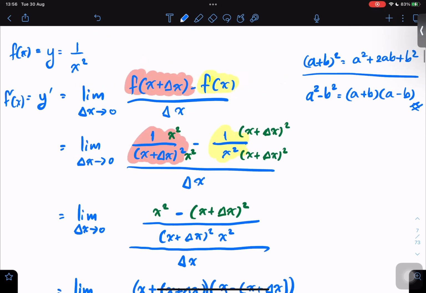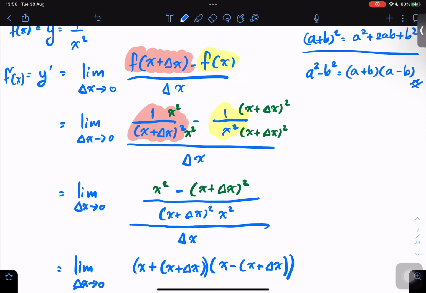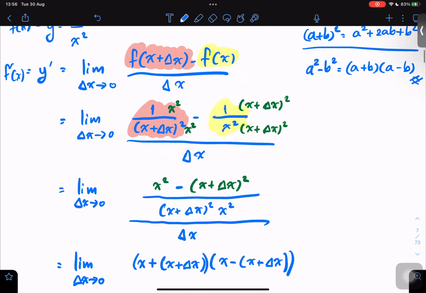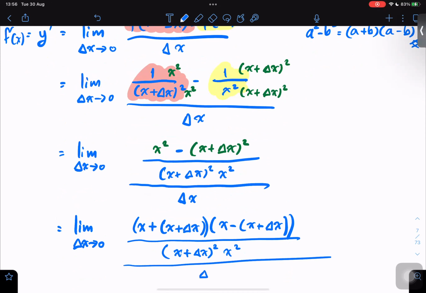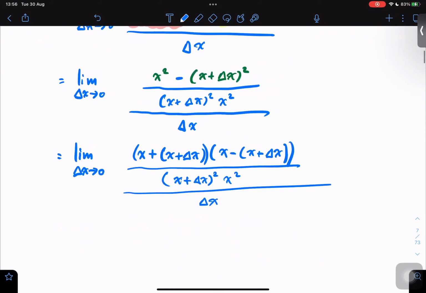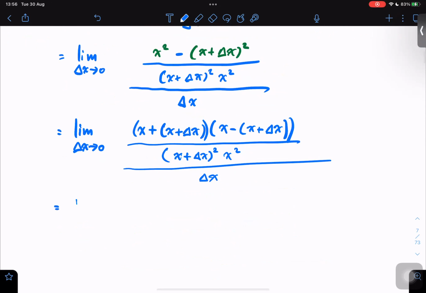You can see here x is a and b is x plus delta x, over x plus delta x squared and x squared. Now we just do the calculation.